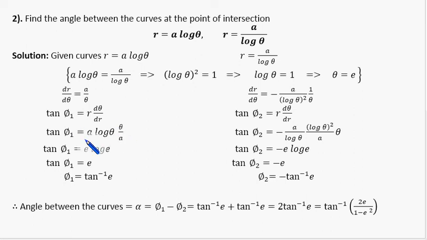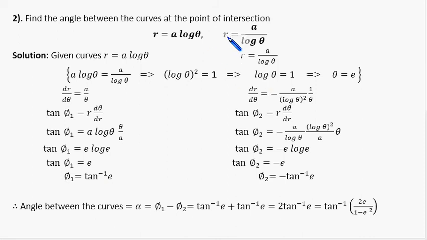Here a gets cancelled, and we substitute theta is equal to e, that is e into log e. Log e base e is equal to 1. So tan phi1 is equal to e. Therefore the first angle phi1 is equal to tan inverse of e.